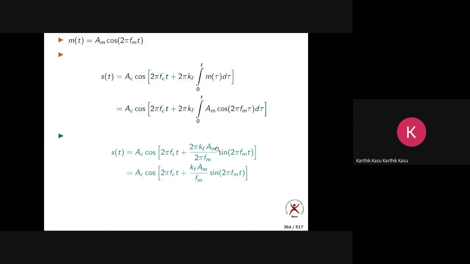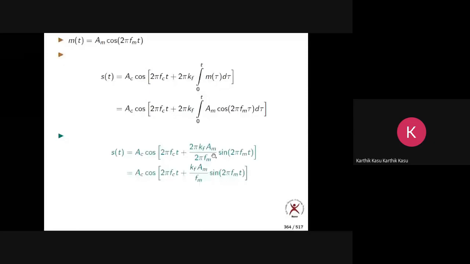If you do these calculations, what do you get? S of t equal to AC cos 2 pi fct plus 2 pi kf am times the integration of cos 2 pi fm tau, which gives sine. Please look at these calculations carefully, all of you.